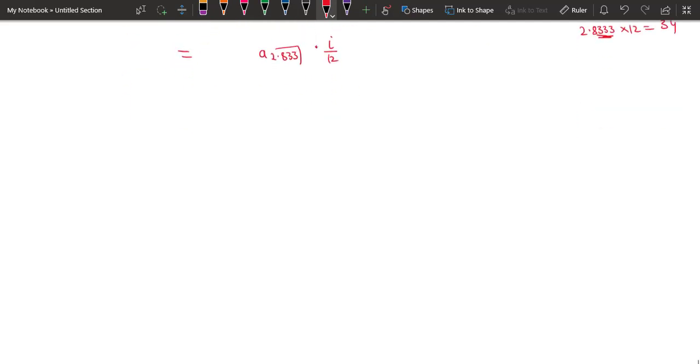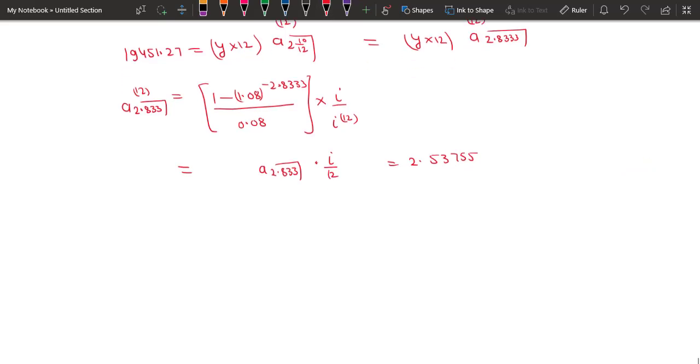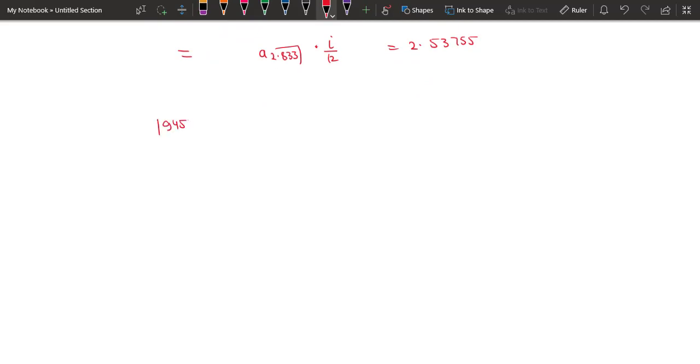So if you calculate all the figures right, this value will come out to be 2.53755, and your answer will be, so you will get y equal to 638.78.